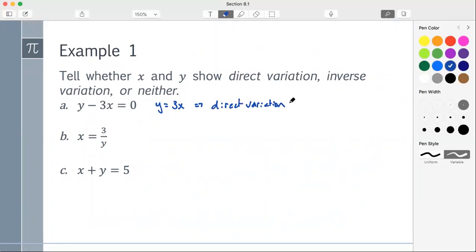All right, in part B, we can interchange the variables x and y, using some algebra here, and you get our same format, y equals a over x. So that's in the form of inverse variation. And then finally, we have x plus y equals 5. So we have y equals 5 minus x. It's not in either one of these forms. So that's why this is neither.